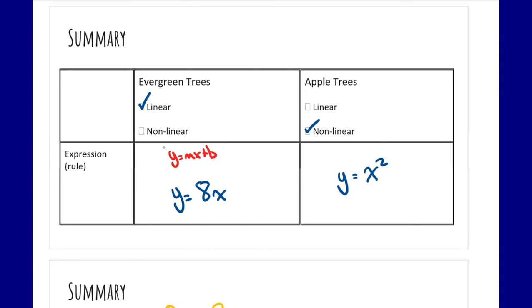That general form tells us it's linear. For nonlinear, the key thing is the exponent. So that exponent of 2 tells us it's nonlinear. Anytime we see an exponent in our rule, it would be nonlinear.